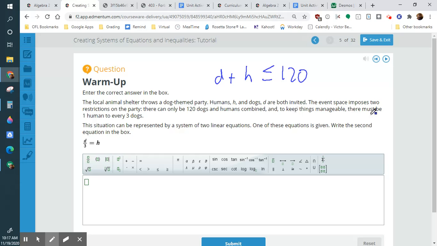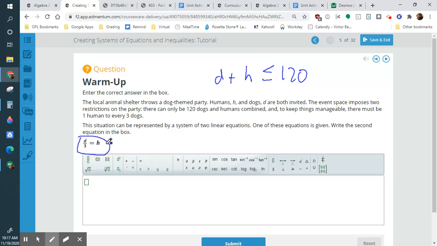To keep it manageable, there must be one human for every 3 dogs. So we don't want to have like 100 dogs and only 2 humans. That's where they're bringing in this situation.